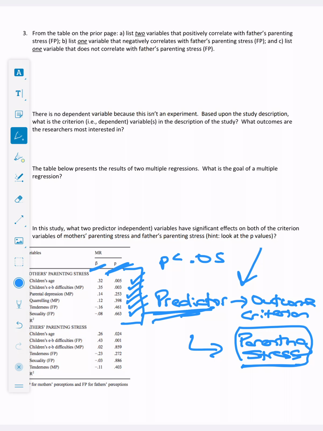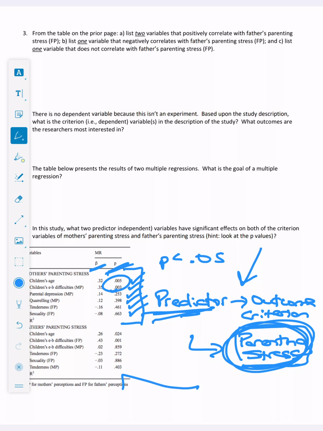It means that that's a strong relationship that's likely to reflect the reality of the world and not just have happened by chance. In this top part of this figure, you can see there are 2 p-values that reach less than 0.05. And so according to this multiple regression, child's age at adoption and children's emotional and behavioral difficulties as rated by mom are the 2 best predictors for determining mom's parenting stress.